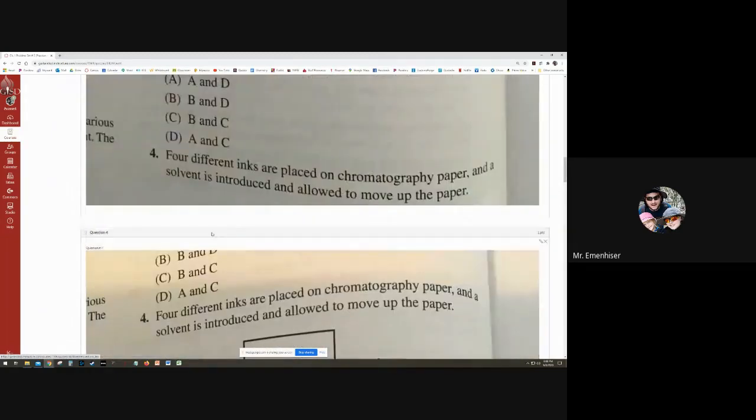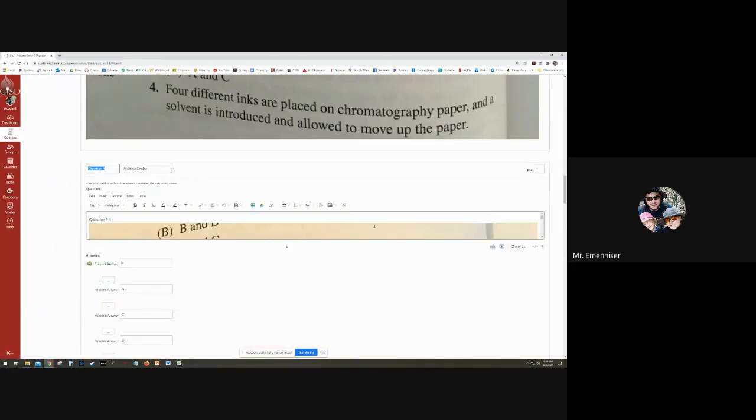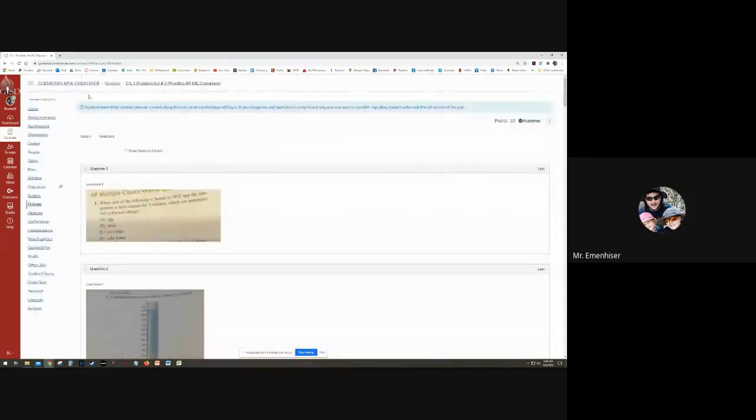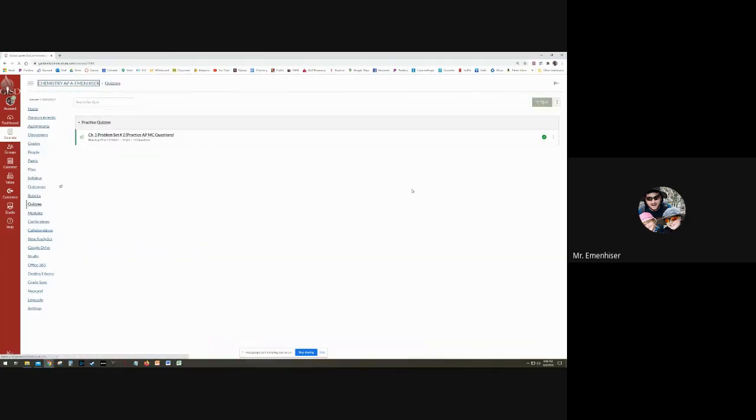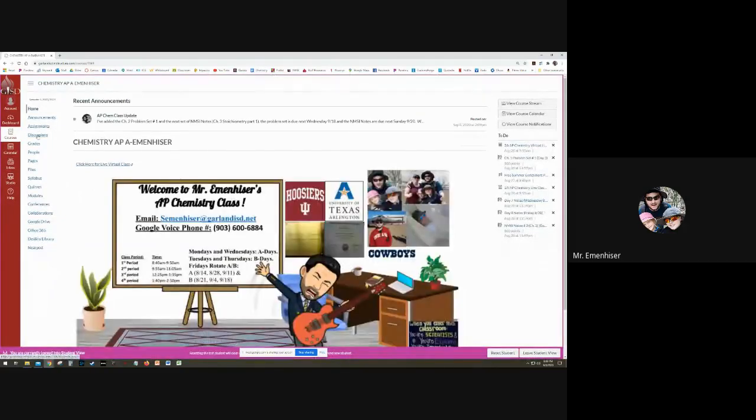What is your answer, number 4? Let's edit that. Correct answer is B. So let's look at that. I've got to go back to student view so that I can open it and view it like a student. Quizzes. So number 4 is B.